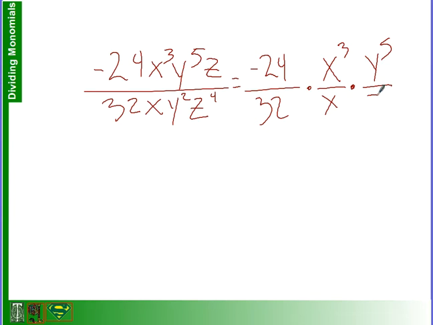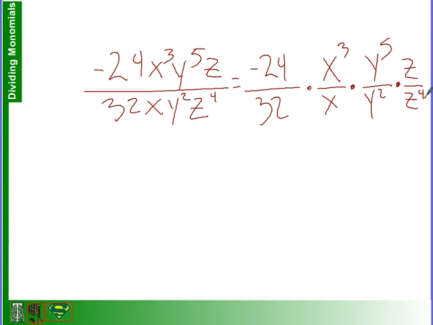Ooh, that's complicated. Oh, I forgot the... oh my goodness gracious. That's what I get trying to listen and write at the same time. So, Molly, could you help me out? What goes down here? Y to the second. Oh, there we go. Over z to the fourth.